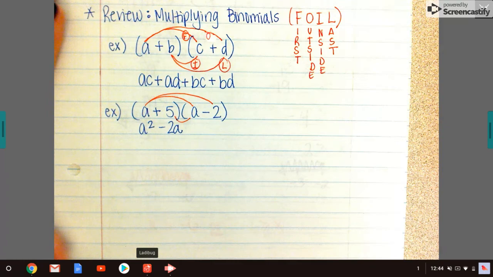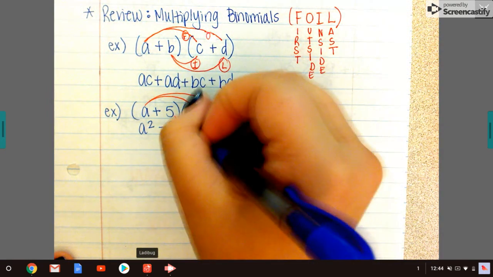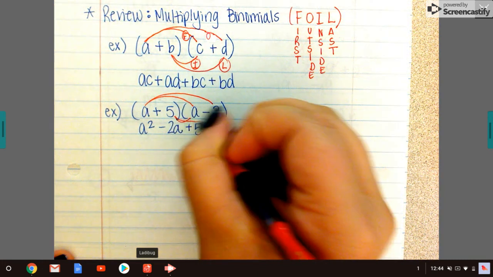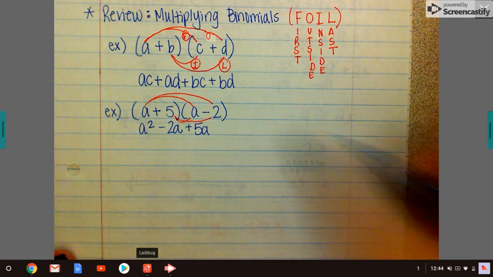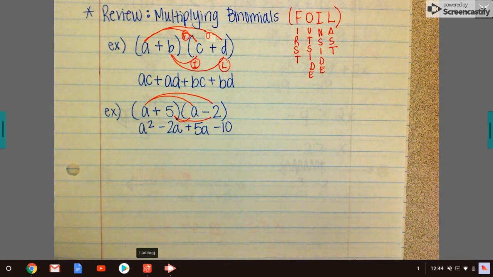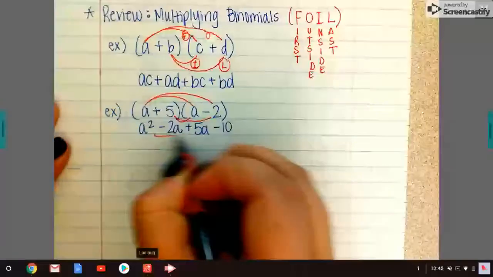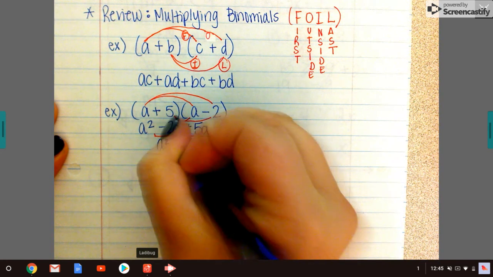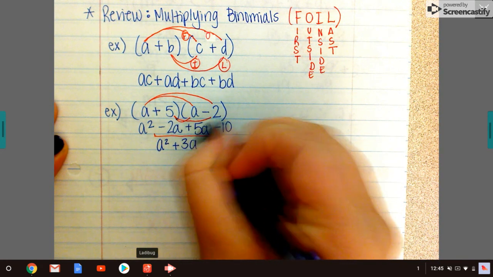Your inside is 5 times A, so 5A. And your last is 5 times negative 2, so negative 10. When you have the same variable, you're able to do some simplifying with these middle terms. It works out nicely. So those will get simplified. I'd have A squared plus 3A minus 10.